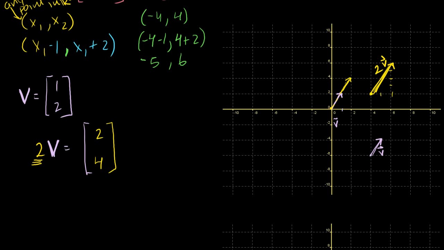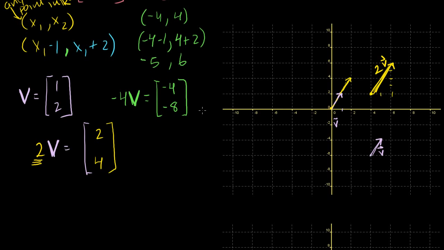Now what happens if I were to multiply, let me say, minus 4 times our vector v? Minus 4 times our vector v. Well, then that will be equal to minus 4 times 1, which is minus 4, and then minus 4 times 2, which is minus 8. So this is my new vector, minus 4, minus 8. This is minus 4 times our vector v.